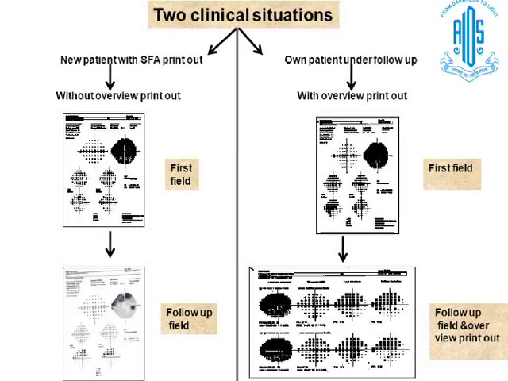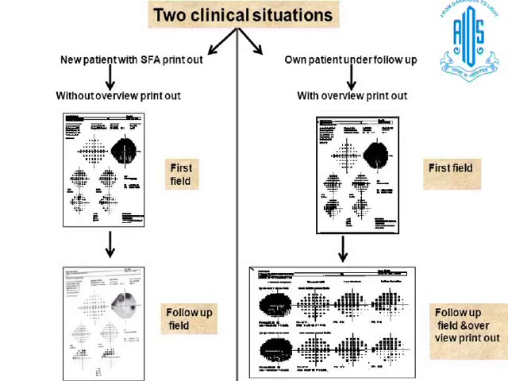If the patient has a printout taken by our perimeter, and if you have one perimeter or two perimeters, you have to write on the printout on which analyzer it was taken. When the patient comes for follow-up, the patient should be subjected to the same field analyzer. Otherwise, you don't get the overview printout.